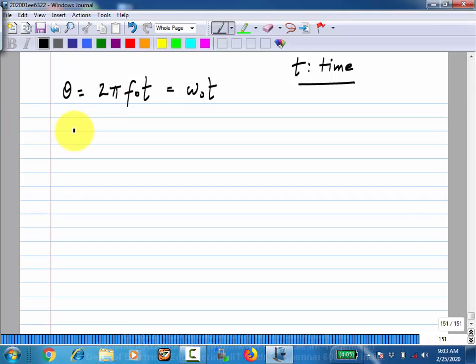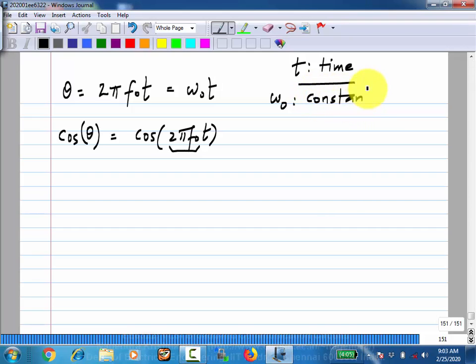Then if you look at the same function, cos theta is cos 2 pi f naught t. So now omega naught or f naught is a constant. So now this also becomes periodic in time.